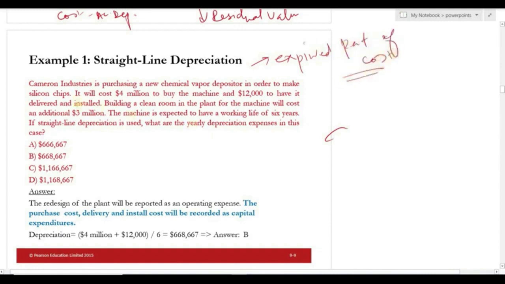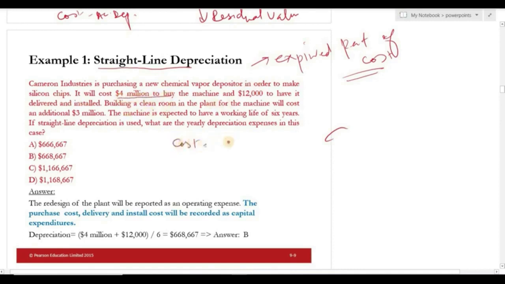The first method is the straight line depreciation method, because we will solve some questions based on straight line. After that we will do some complex questions using MACRS. Cameron Industries is purchasing a new chemical vapor depositor in order to make silicon chips. It will cost $4 million to buy the machine. So this is the cost.